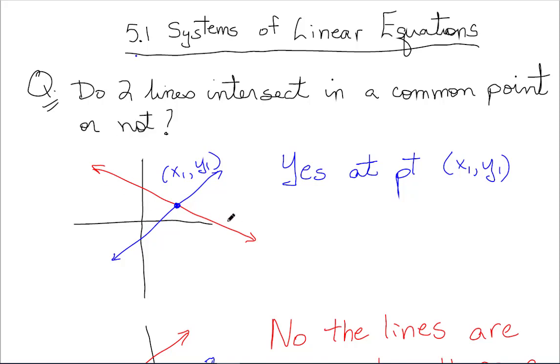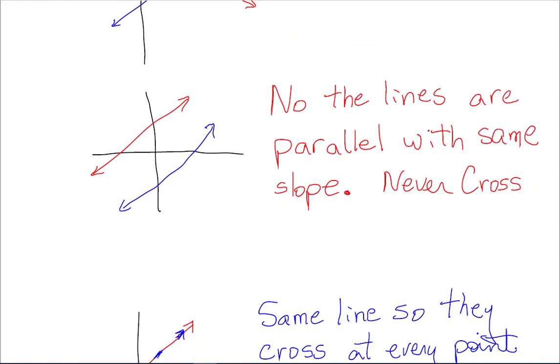So in this first picture here, I've got one line in blue, one line in red. They do intersect in a common point, and we're calling that point x1, y1. It could be that my two lines are parallel. They have the same slope and they would never cross, so there would be no intersections.